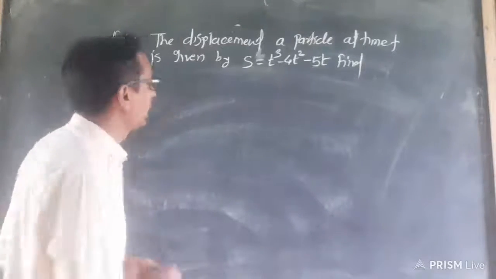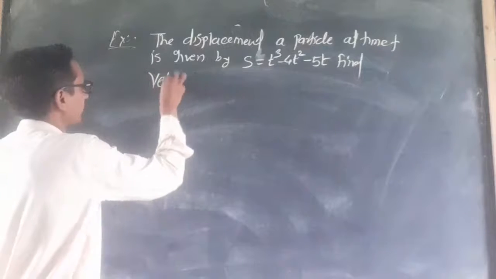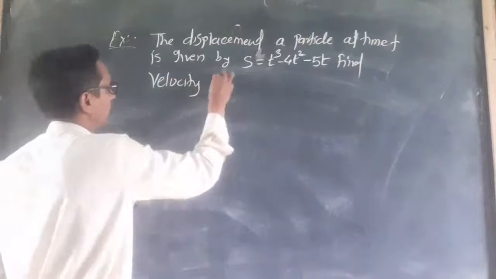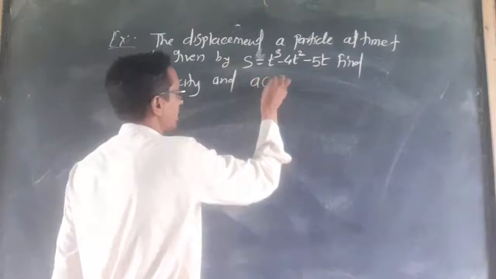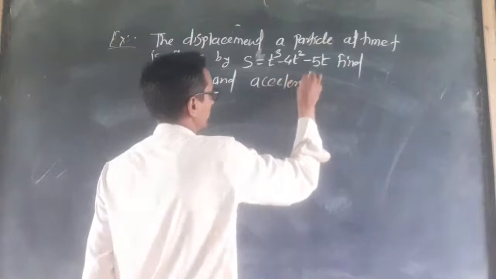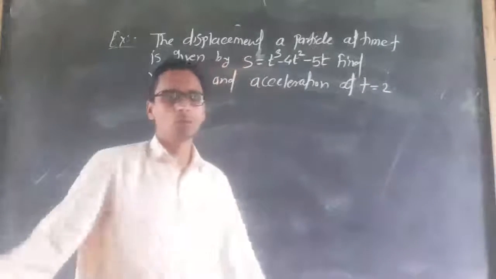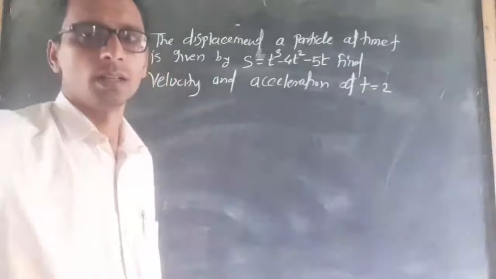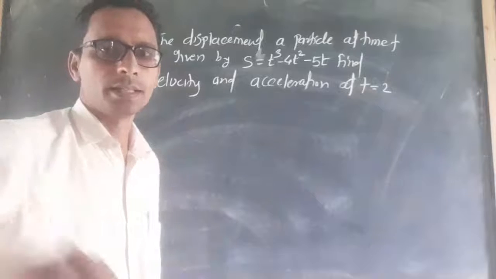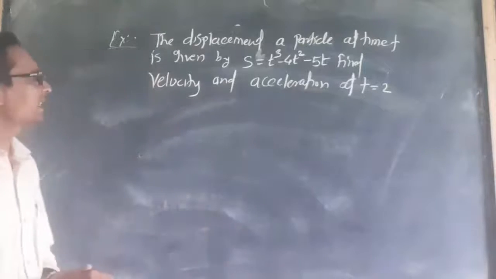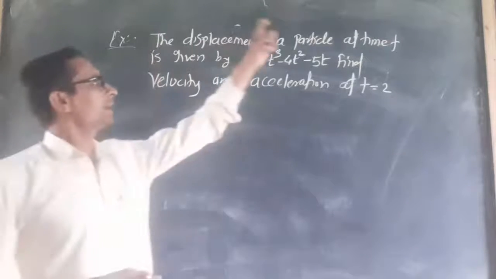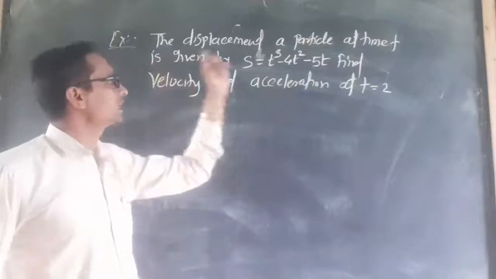Then we have to find velocity and acceleration at time t is equal to 2. Friends, in this example, the displacement of a particle at time t is given by this.